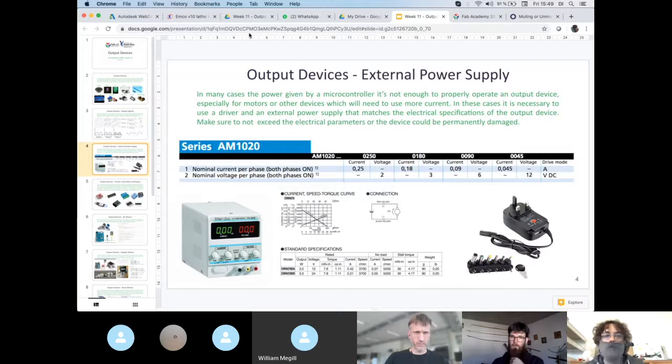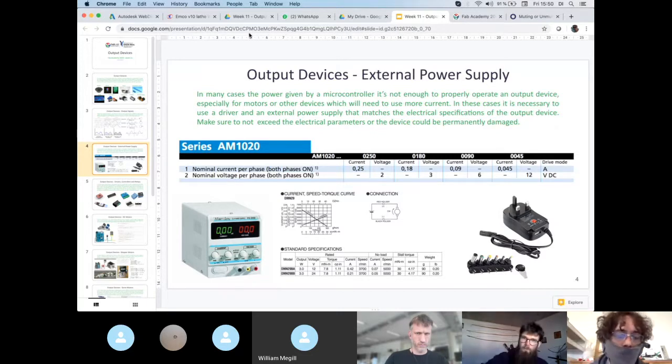Okay, thank you. I think Neil mentioned it as the first thing: safety. The reason is that many of these devices that you're going to use cannot be powered directly from the microcontroller. The microcontroller is built for logic, so it cannot deal with a lot of power, neither high currents nor high voltage.